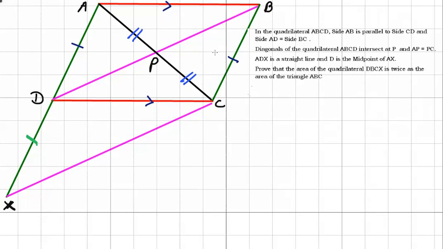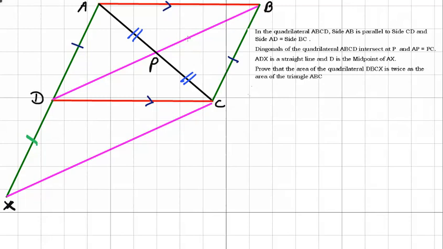Or we can also use if opposite angles are equal. If both pairs of opposite angles are equal, then it's a parallelogram. Or if we prove that diagonals bisect each other, then too it's a parallelogram. So there are multiple ways to prove a given quadrilateral is a parallelogram. All right, let's see which method we can use.